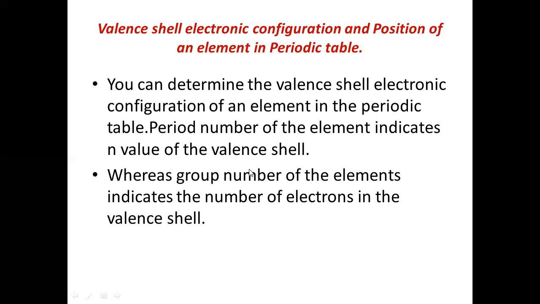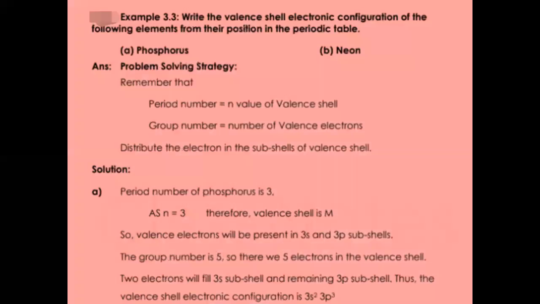Totally the reverse of the previous examples. The first example is phosphorus. Phosphorus is present in period number 3, so the n value is 3, and it is present in group number 5.